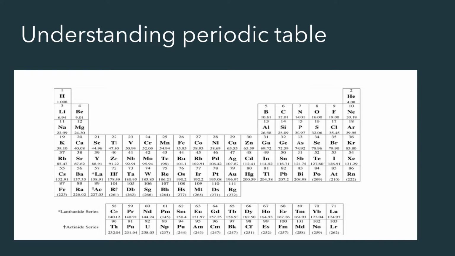Atomic number means number of protons in the nucleus. Number of protons is equal to the number of neutrons. So what's the number below? It's the atomic mass, which is the mass of the particular element. Simply the mass of an atom of hydrogen.